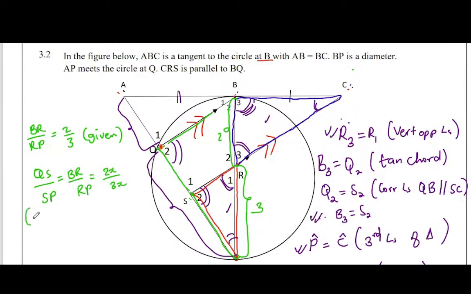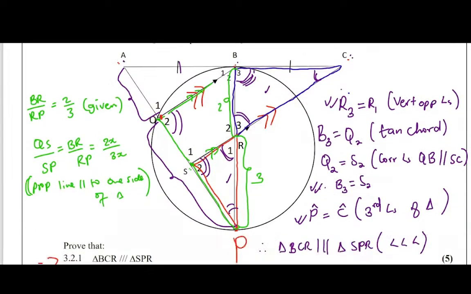And the reason is going to be the proportionality theorem for a line parallel to one side of a triangle, because these were parallel lines. So automatically the proportionality theorem does apply.